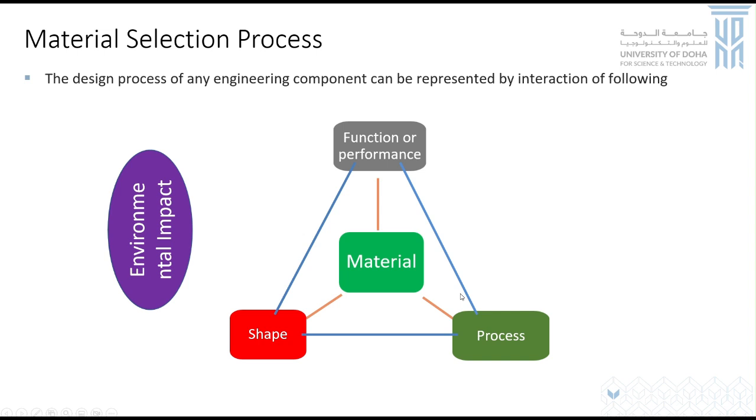Now this environmental impact can be in terms of the processing energy required, or the CO2 being emitted, or, for example, the requirement of water usage for a particular product, or the potential to recycle the component at the end of its life. Okay, so all of those environmental impacts can also be considered at the same time.